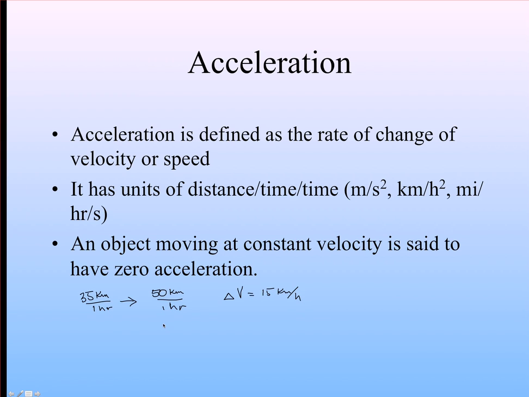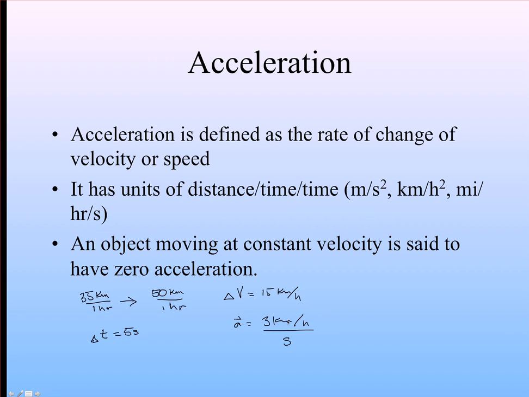And let's say it took 5 seconds to do that. Every second that went by, your speed would have changed by a fifth of this total, assuming that you're accelerating at a constant rate. And so our rate of acceleration would be a fifth of this, 3 kilometers per hour every second.